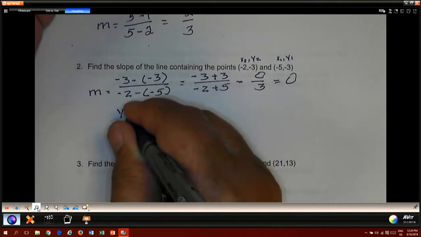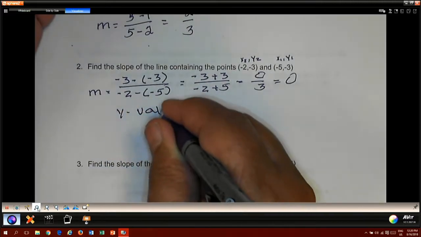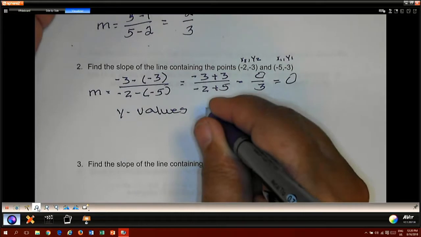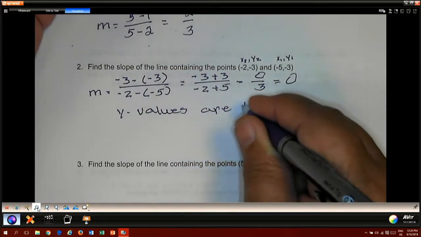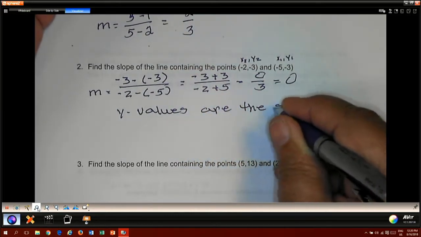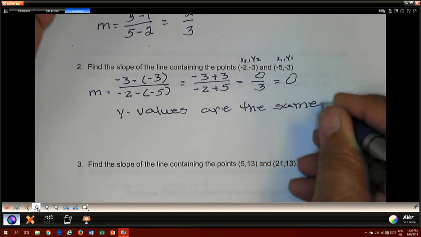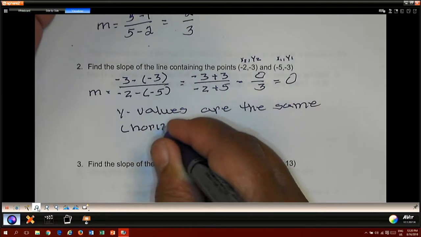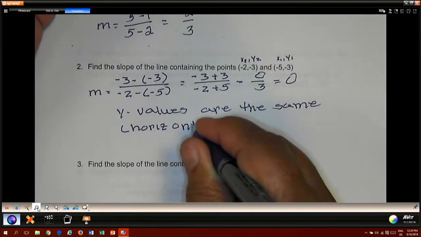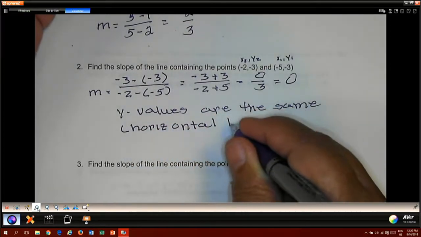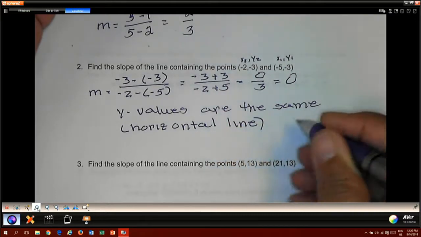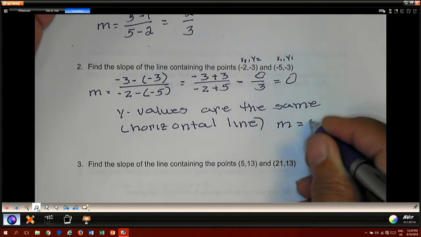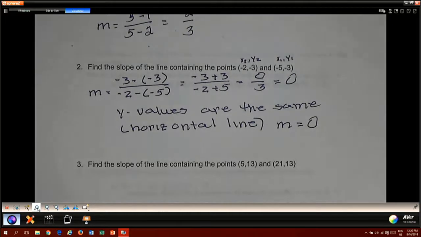So if the y values are the same, which means when you graph it, you have a horizontal line. The slope equals 0.